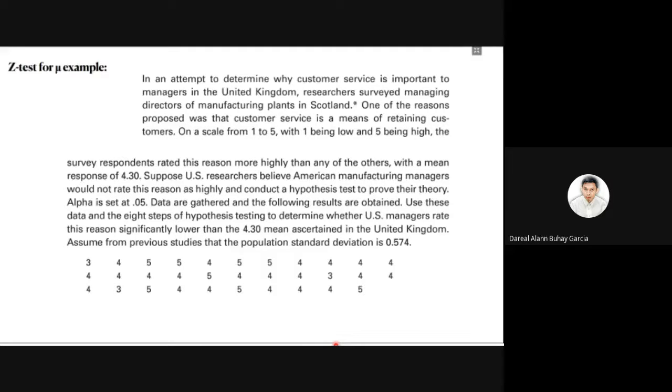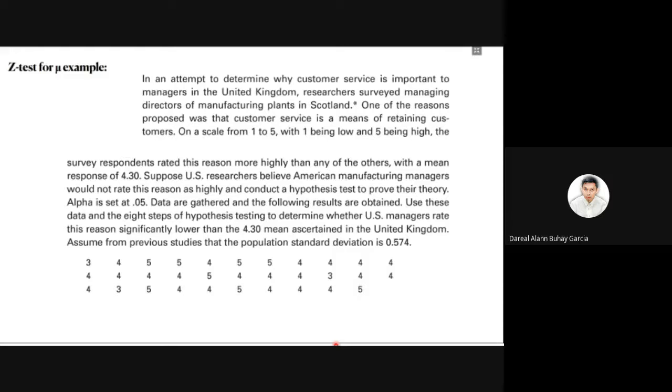Use this data and the 8 steps of hypothesis testing to determine whether US managers rate this reason significantly lower than the 4.3 mean ascertained in the United Kingdom. So that gives us an idea of our alternative hypothesis. Assume from previous studies that the population standard deviation is 0.574.